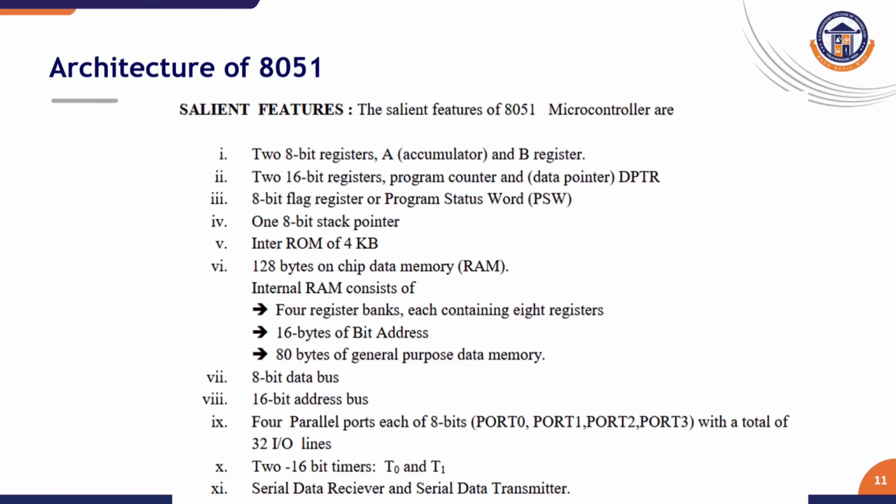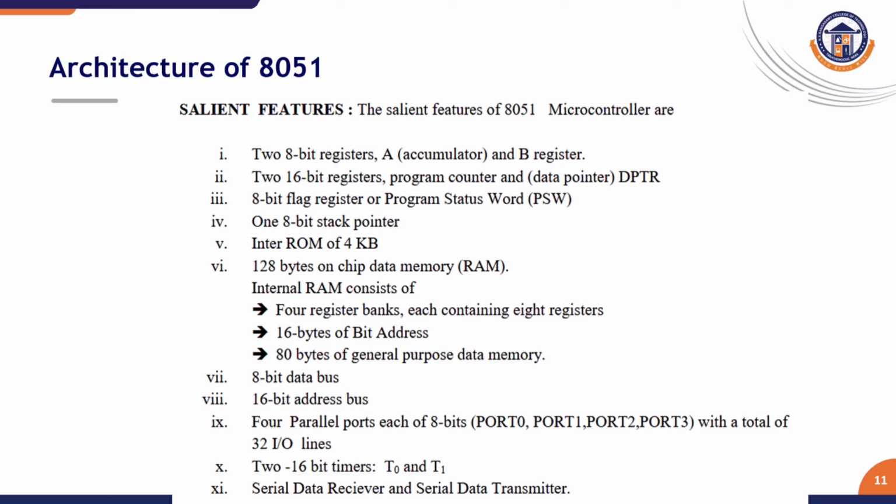The salient features of the 8051 microcontroller are: it has two 8-bit registers, two 16-bit registers, program counter, DPTR, 8-bit flag register, program status word, one 8-bit stack pointer, internal ROM of 4 kilobytes, 128 bytes of on-chip data RAM.